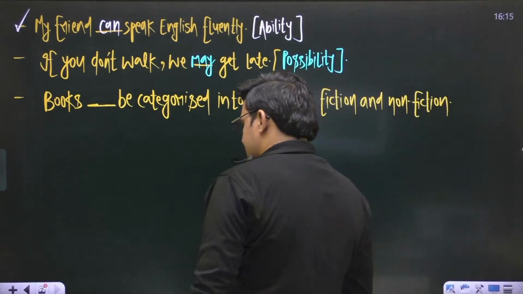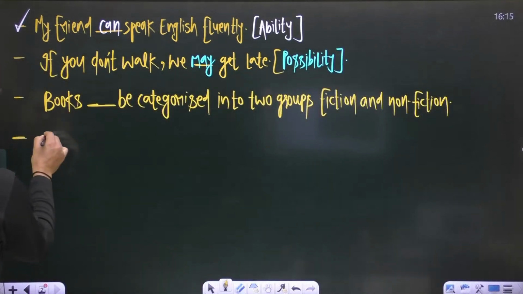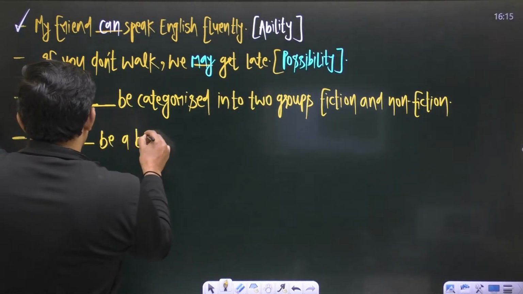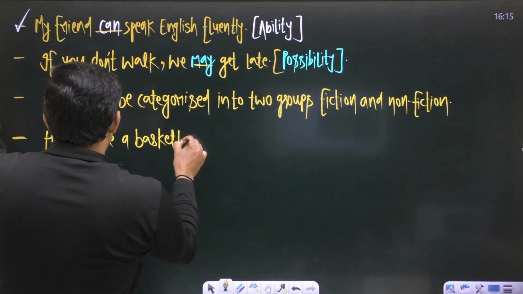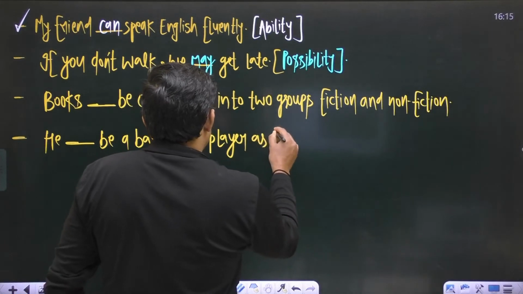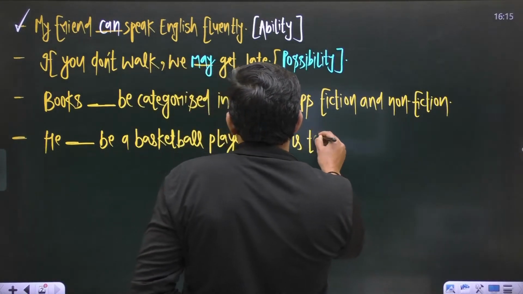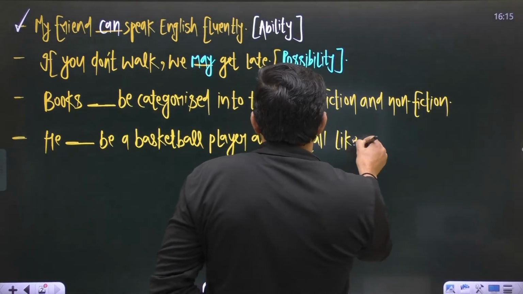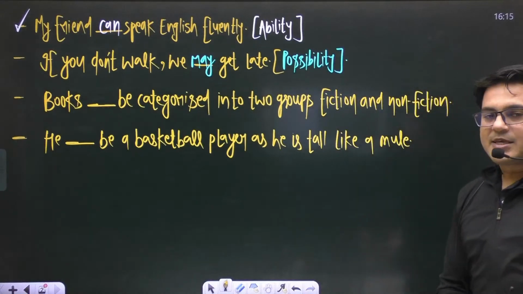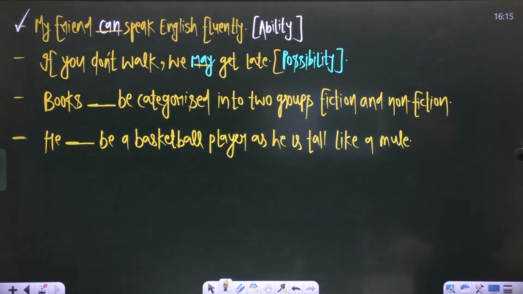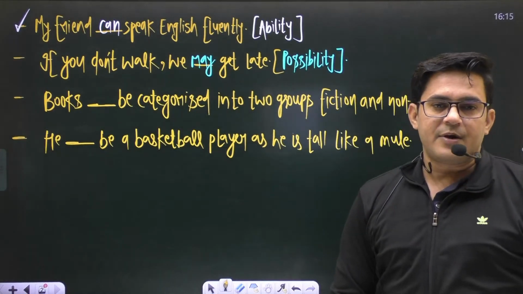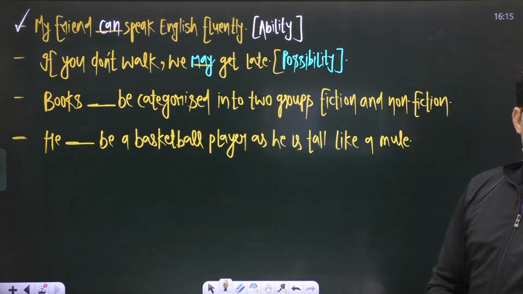And next sentence is, he blank be a basketball player as he is tall like a mule. Yes, two different sentences you have. Books can be categorized into two groups, fiction and non-fiction.